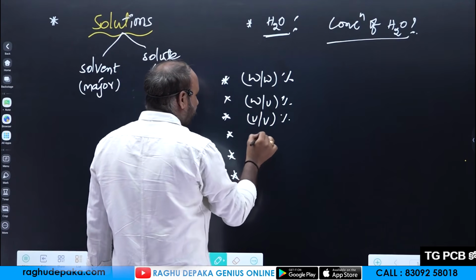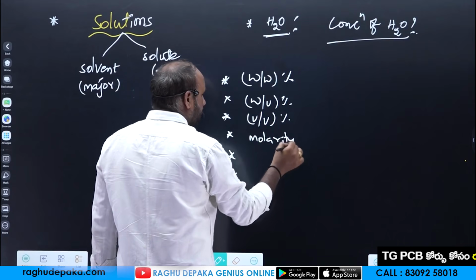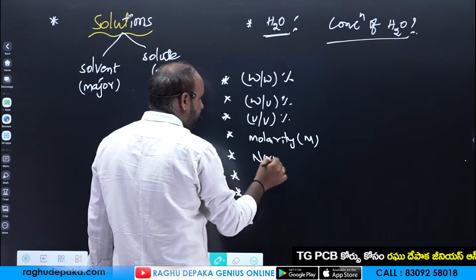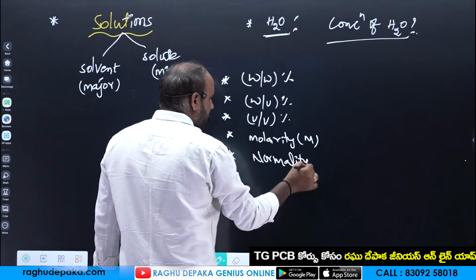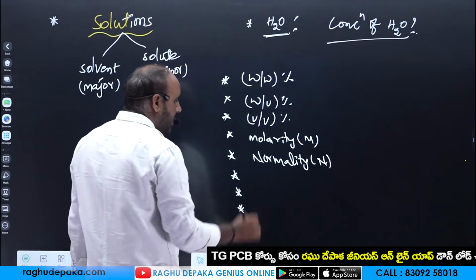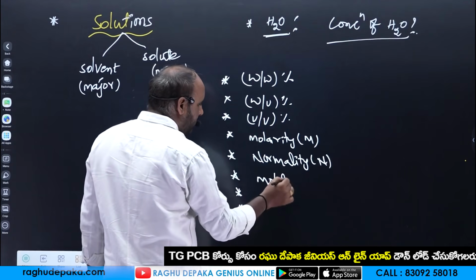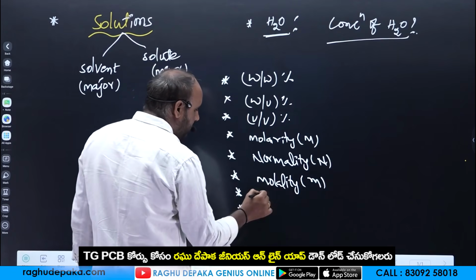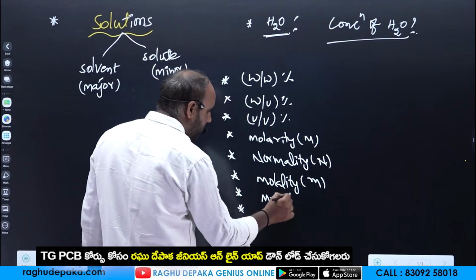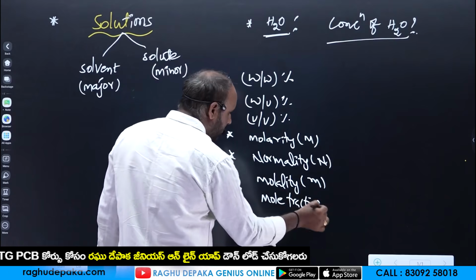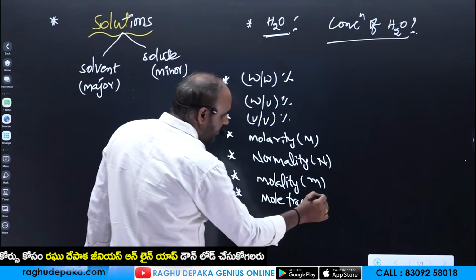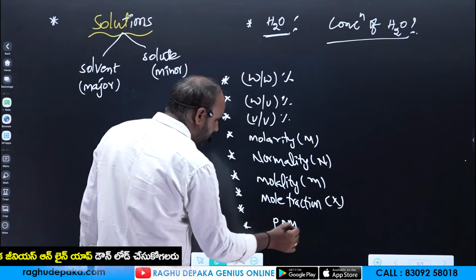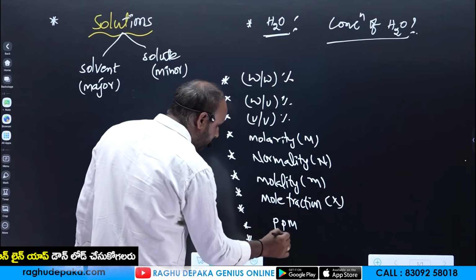Then in terms of molarity, that is M. In terms of normality, N. In terms of molality, that is small m. In terms of mole fraction, that is X. In terms of ppm, parts per million. And in terms of solubility.